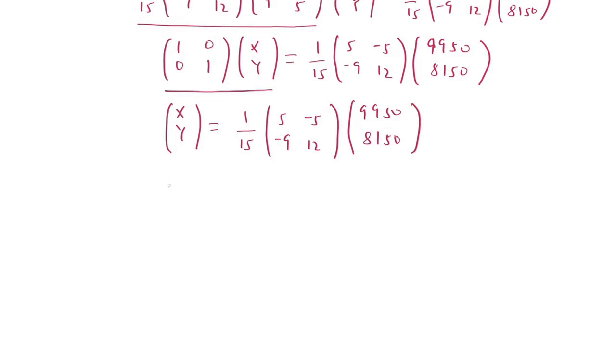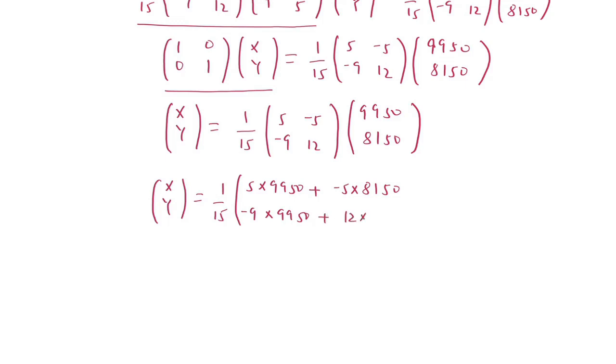Okay, so now let us multiply the matrices on our right hand side. Our equation is going to be matrix [x; y] equals 1 over 15 times matrix [5 times 9,950 plus -5 times 8,150; -9 times 9,950 plus 12 times 8,150].